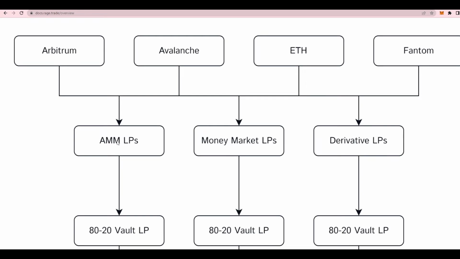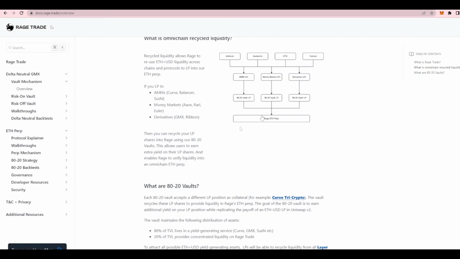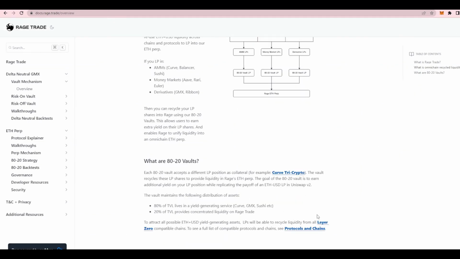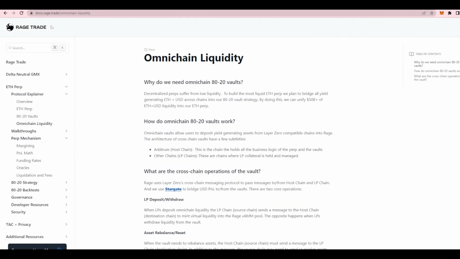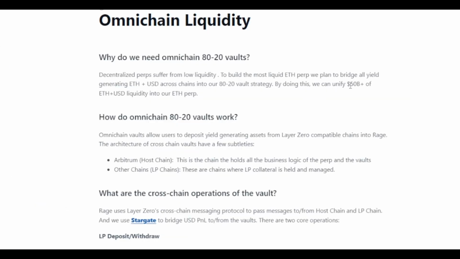And you'll be able to take your automatic market maker LP tokens, your money market LP tokens, and your derivative LP tokens, and then you'll be able to put them into the 80-20 vault in Rage Trade. And you can take them from the various different chains, and what they're looking to do is take all of the chains that are compatible with layer 0. So the goal here is to take $50 billion of ETH USDC liquidity and then pump it into the Rage Trade ETH perp that you have here.